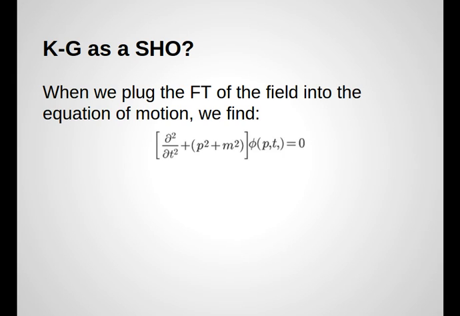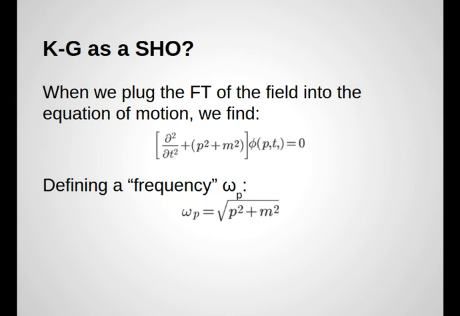And so what we get looks kind of like a simple harmonic oscillator equation, second order in time, with some constant multiplying the field. If we define a frequency that we'll call omega p, the square root of the term multiplying the field, I get something that is the simple harmonic oscillator equation.